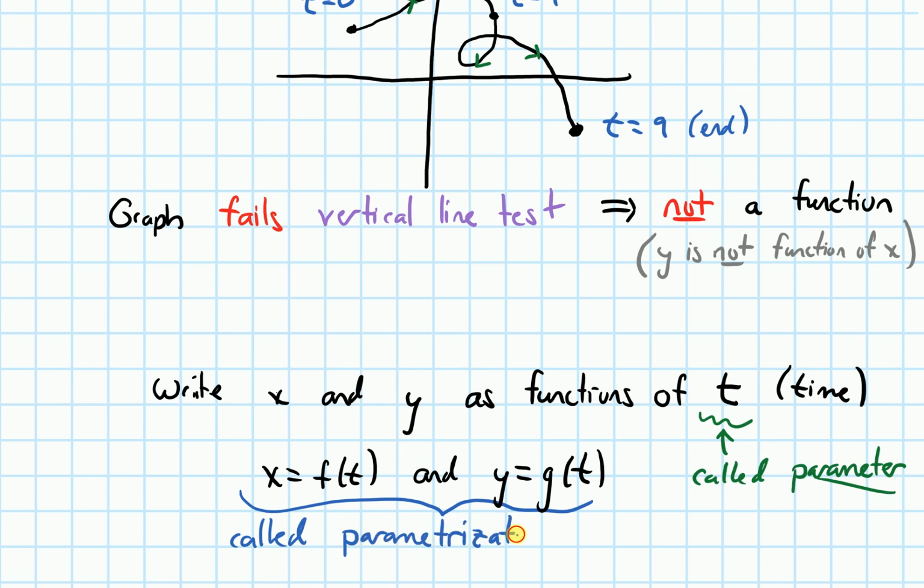In a parametrization, it describes the movement of this bug over time. And even in general, typically when we look at parametrizations, typically they're going to describe movement of something over time.